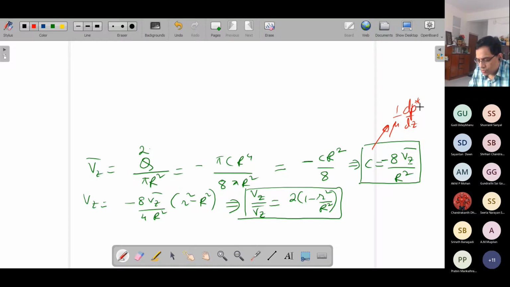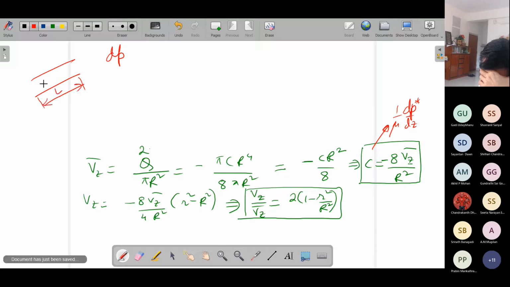First of all, dP dz is constant, so if the pipe has a length of L and fluid is flowing from here to here, dP star dz you can write in terms of a length unit HF.